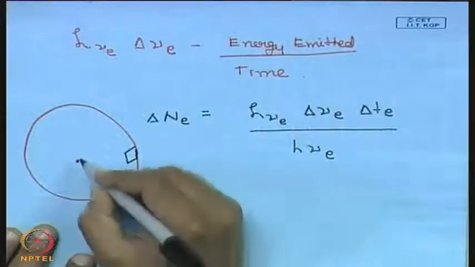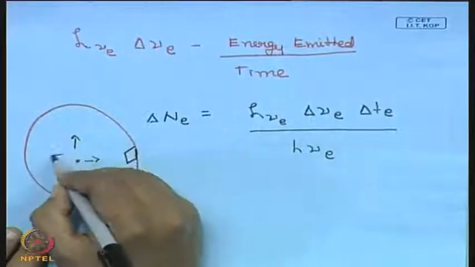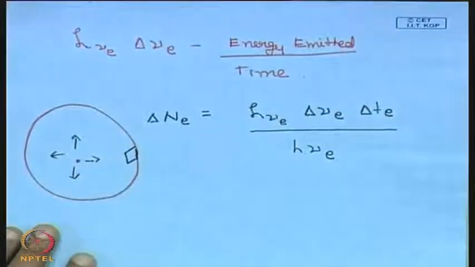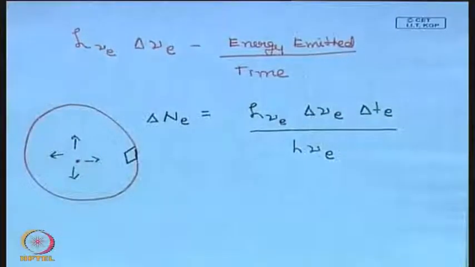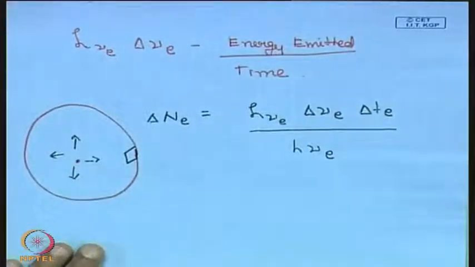Now, the same number of photons that were emitted will propagate out and they will pass through a surface of some radius at some later time.